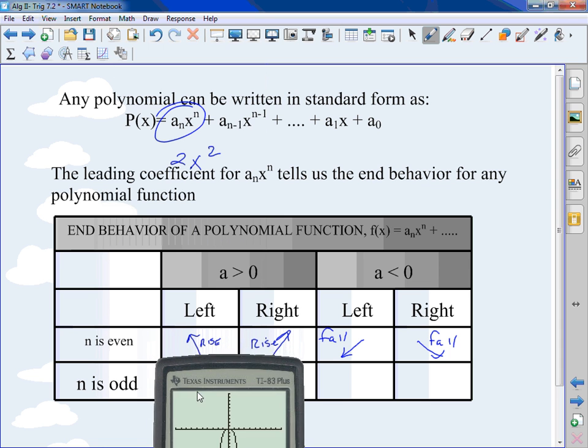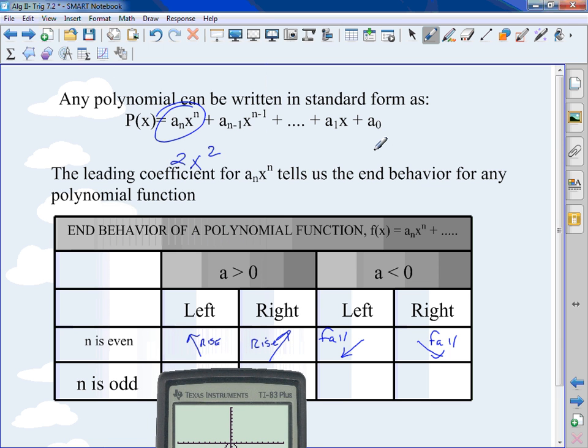If I had 20x to the 1028, what is my graph going to look like? There's going to be stuff that happens in the middle. All I want to know is the end behavior. It's going to be up and up.